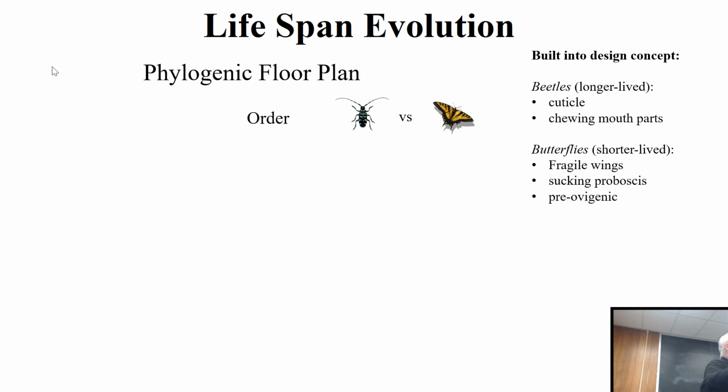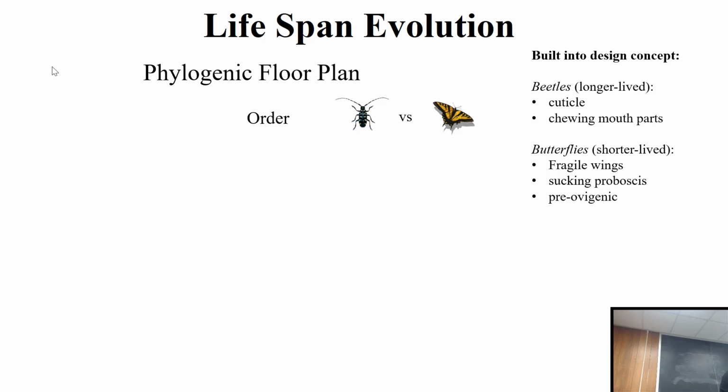They must live a long time because they have to acquire the protein to produce eggs and so forth. Whereas by design, butterflies are shorter lived. And so they put most of the resources into eggs, so that when they emerge as butterflies or moths, they're ready to lay eggs. They don't have to go find the protein and take the time to produce eggs. So by design, these are shorter lived and these are longer lived.